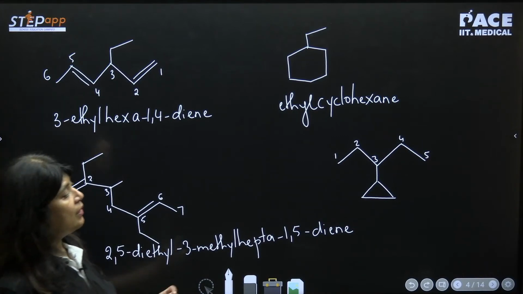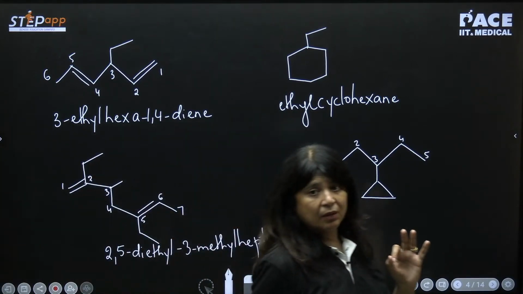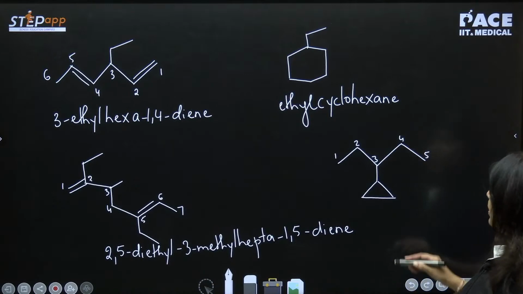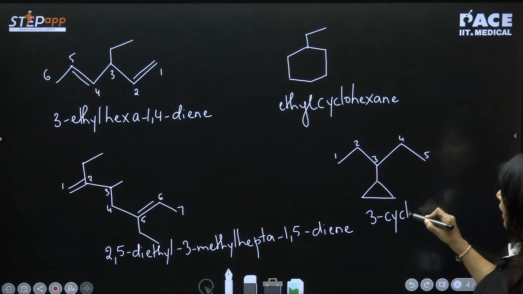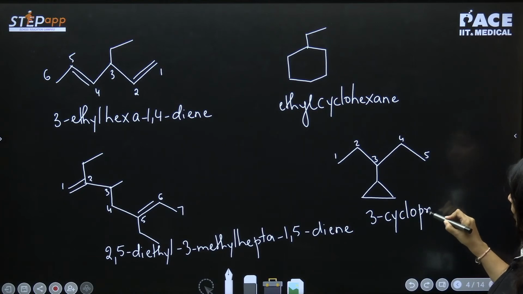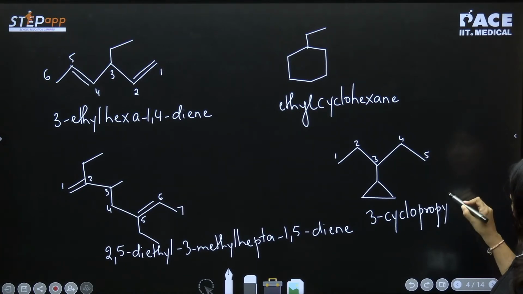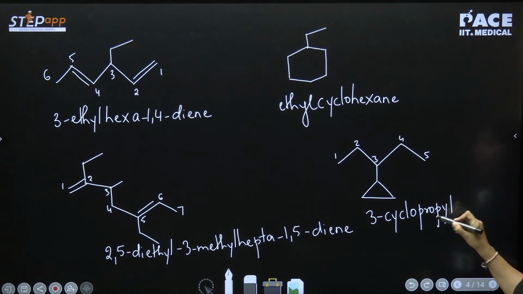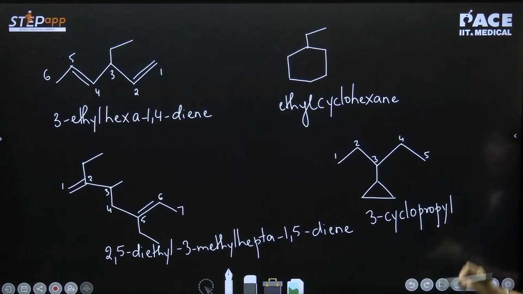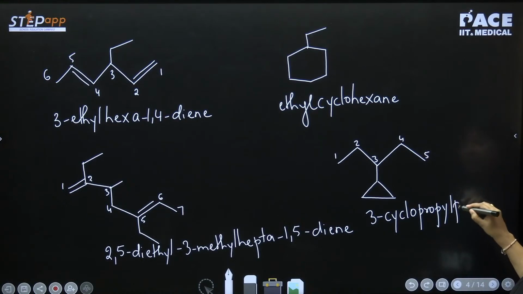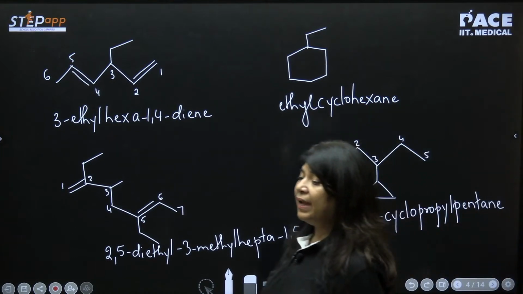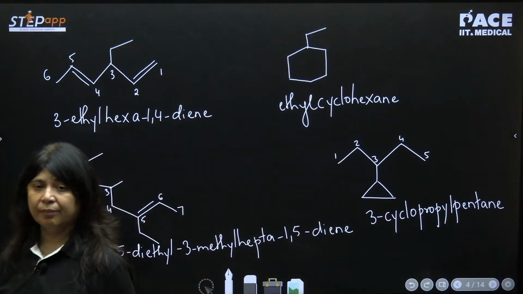Now the substituent here lies on the 3rd carbon, so it's going to be 3-cyclopropyl. Propyl because 3 carbon, prop because 3 carbon, and yl because it's a substituent. And total carbon in the parent chain are 5. So it is 3-cyclopropyl pentane.